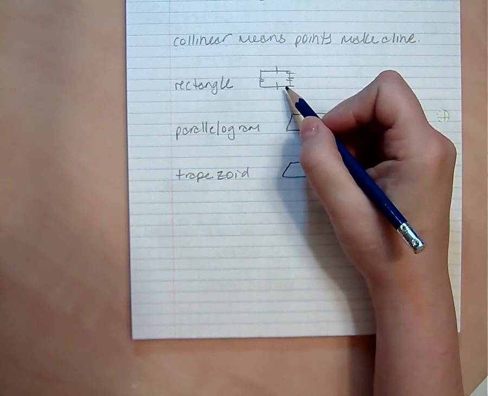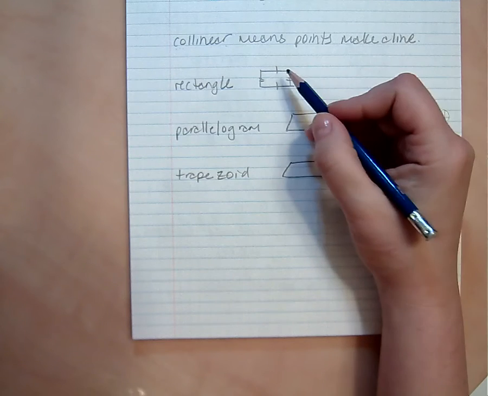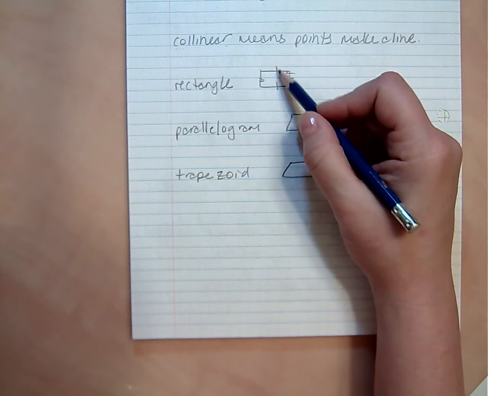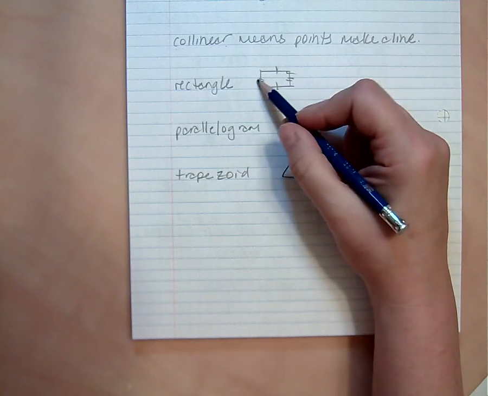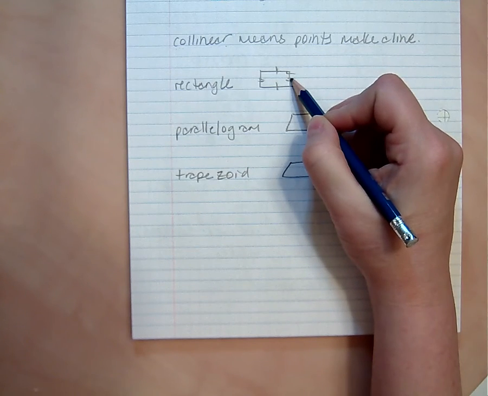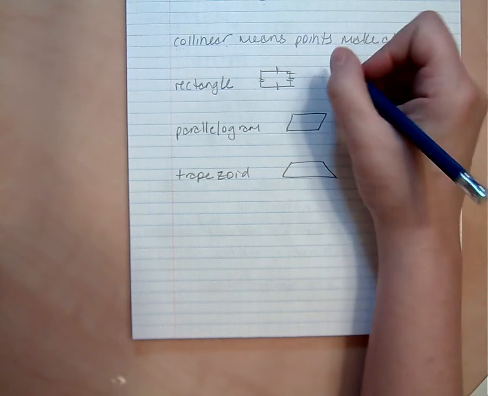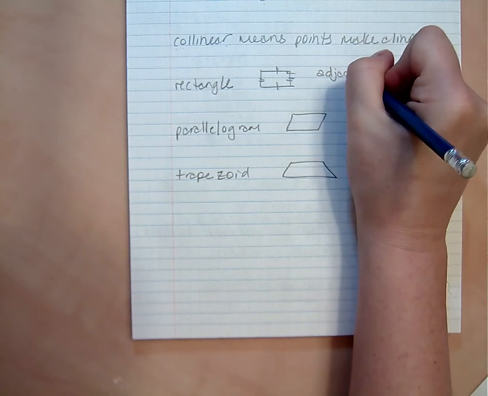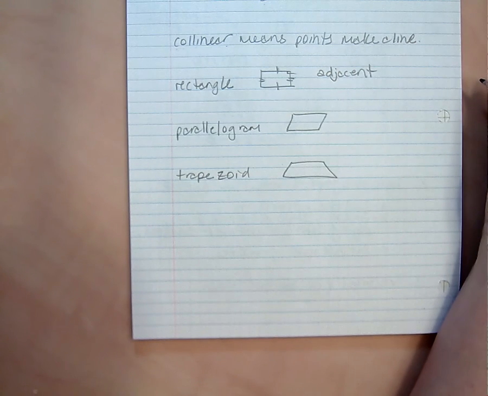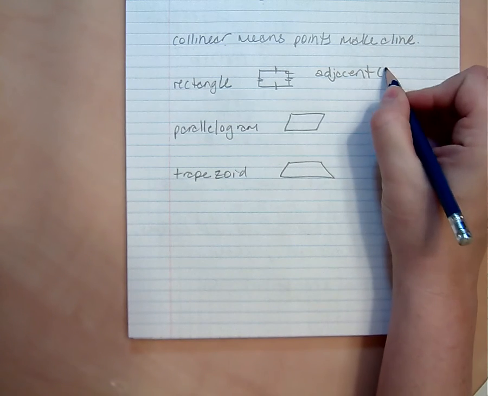A rectangle, I know you probably know this, but just hear me out for 10 seconds. A rectangle has opposite sides that are equal in length, opposite sides that are parallel, so have the same slope, and the adjacent sides, spelt A-D-J-A-C-E-N-T, adjacent is a fancy word for something being beside one another.